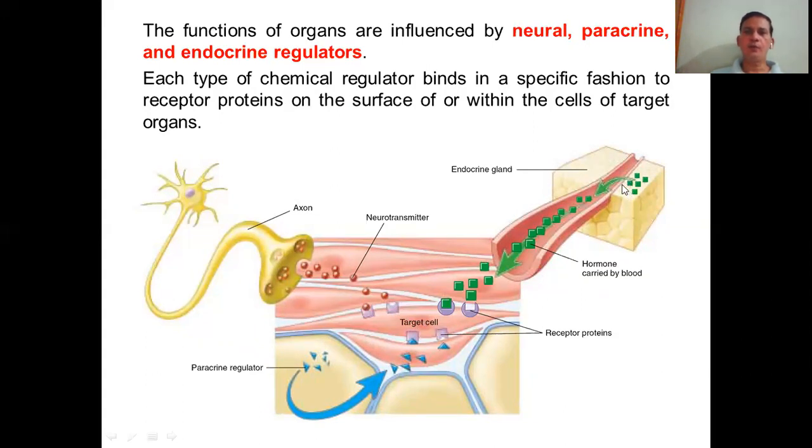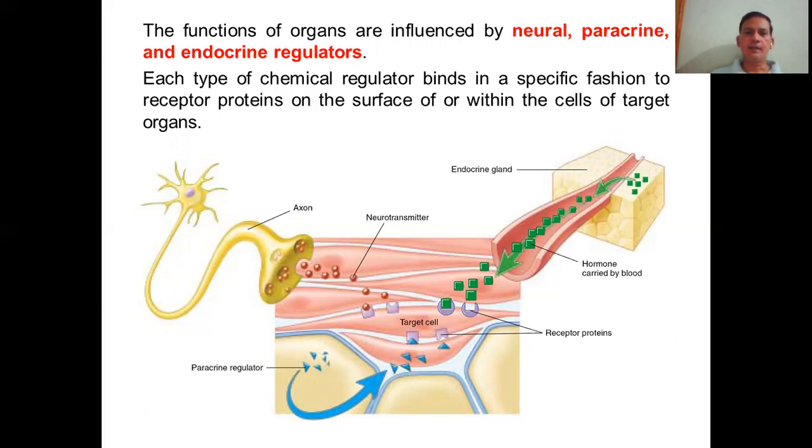This hormone is secreted into the blood vessel, which takes up this particular hormone and reaches the target cell. Although the target cell is the same, the receptor changes. You can see here that the structure of this particular receptor is quite different from the first case where the neurotransmitter is binding.